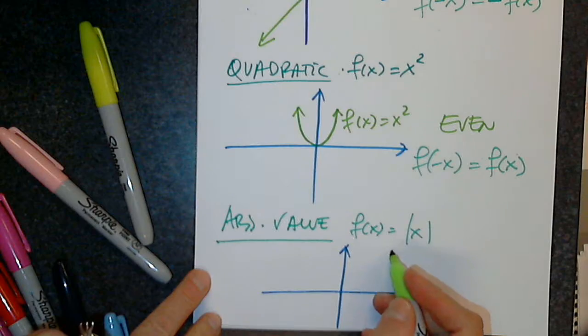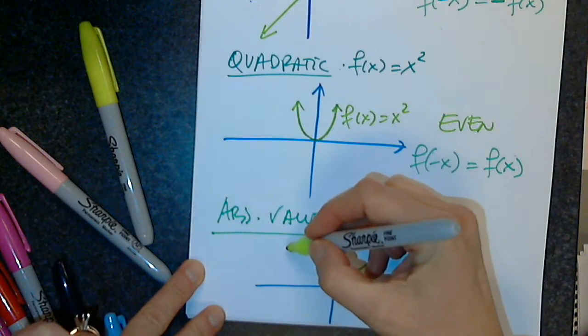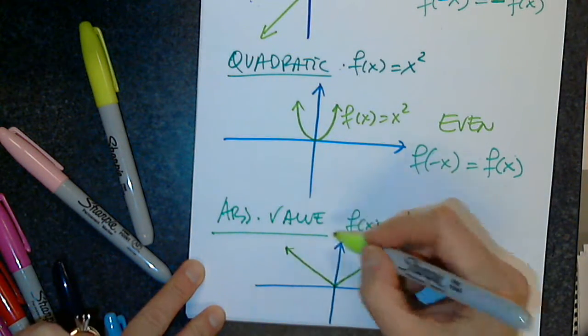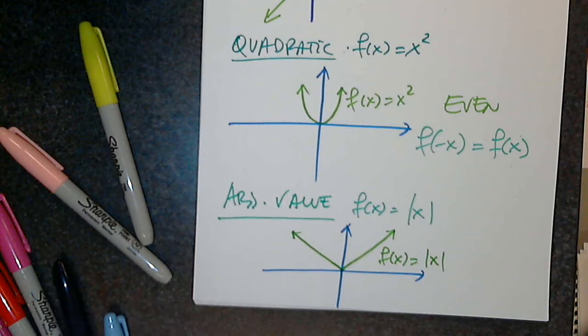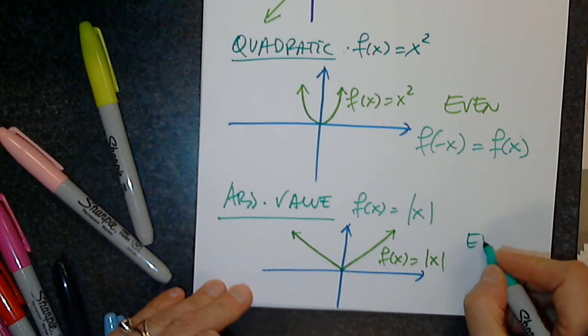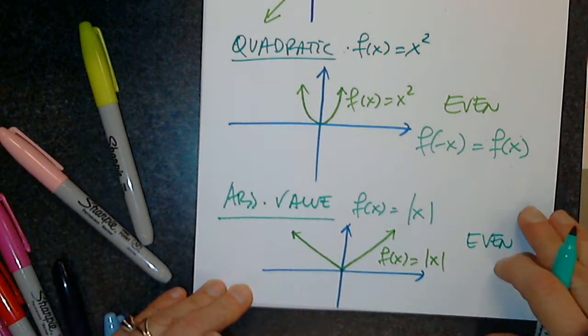Perfect. It bisects the first quadrant and the second quadrant. So this is f of x equals the absolute value of x. Odd, even, none of the above? Even. Absolutely symmetric with respect to the y-axis. Very good.